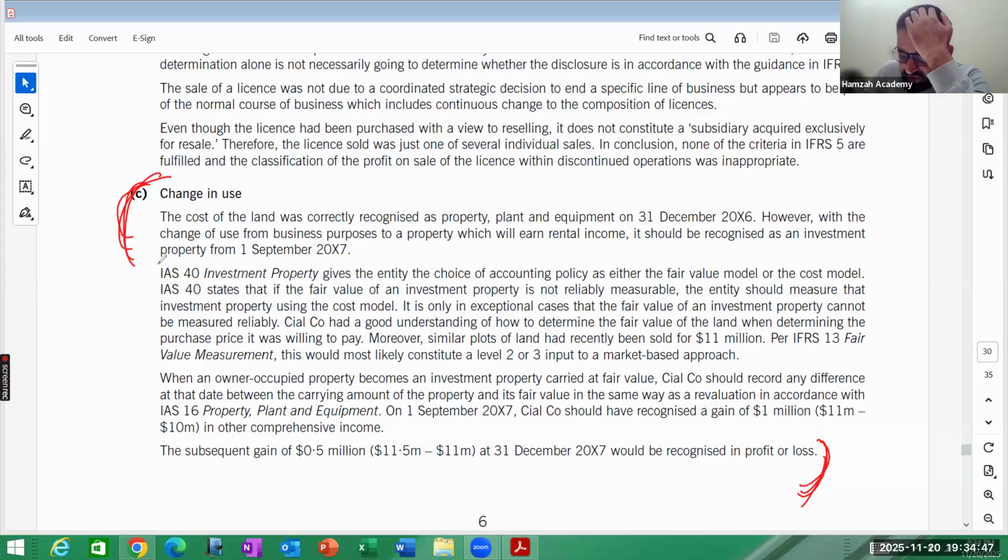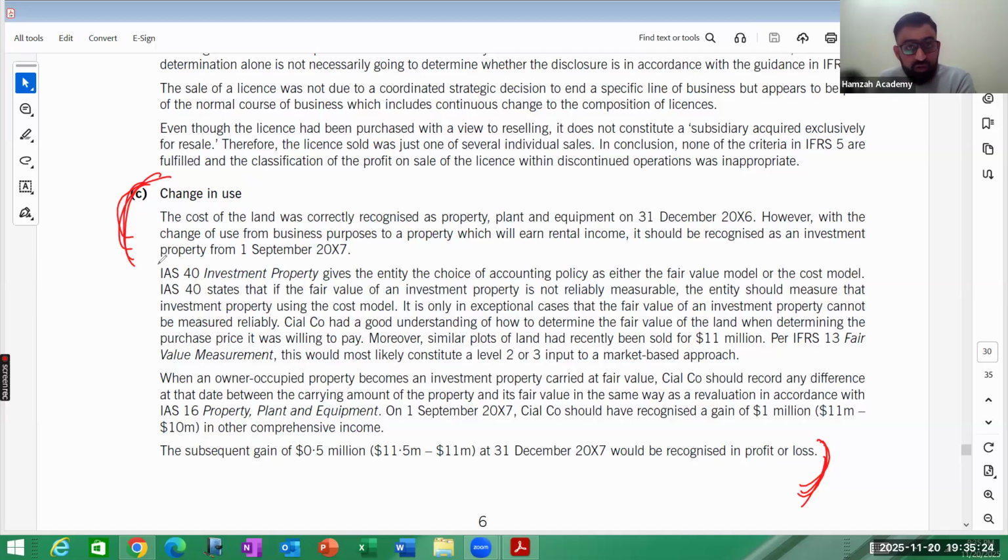And C company had a good understanding of how to determine the fair value of the land when determining the purchase price it was willing to pay. Moreover, a similar plot of land had recently been sold for 11 million. So as per IFRS 13 fair value measurement, this would most likely constitute a level 2 or level 3 input to make the market-based approach. And when an owner-occupied property becomes an investment property carried at fair value, C should record any difference at that date between carrying amount of the property and fair value as a revaluation according to IAS 16.